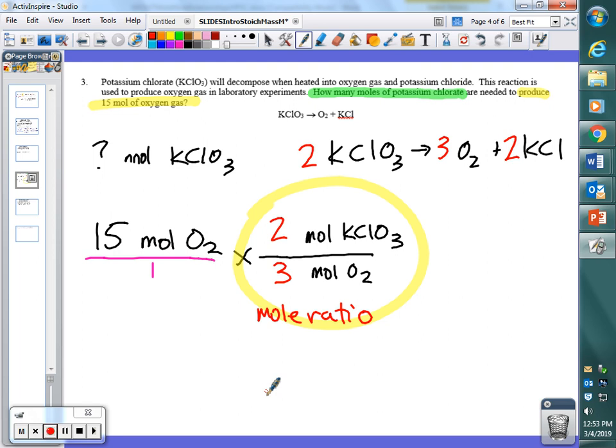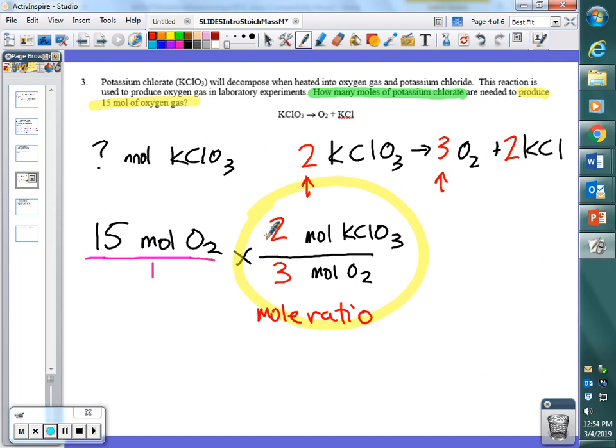Elizabeth, go ahead. Is it 3 because of the coefficient or... so it's the first 2 coefficients then? In this case, yes, because those are the 2 parts of this equation that we're comparing. If it had said, if we produce 15 moles of oxygen gas, but also how much potassium chloride would we produce, we would change the top of this fraction to moles of potassium chloride, which is this one over here.